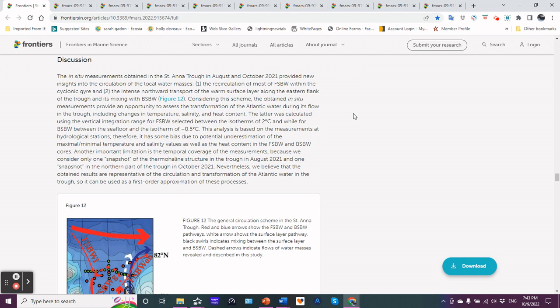Considering the scheme, the obtained in situ measurements provide an opportunity to assess the transformation of the Atlantic water during its flow in the trough, including changes in temperature, salinity, and heat content. The latter was calculated using the vertical integration range. That's the formula I showed you earlier. Okay? And they chose the depth based on the isotherms of 2C for FSBW, and minus 0.5C for BSBW.